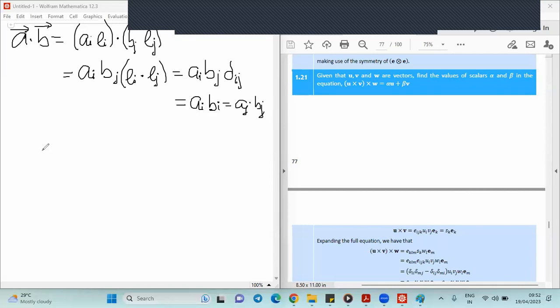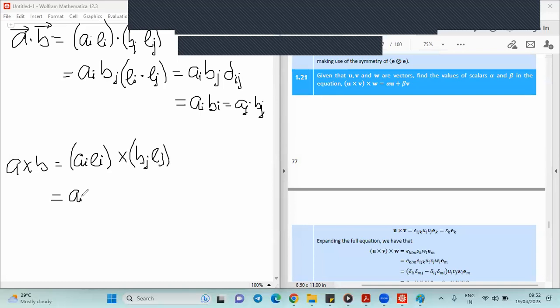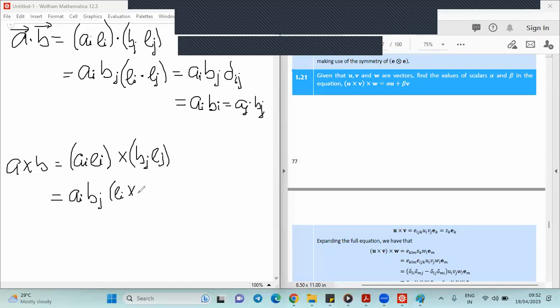That's for dot products. For cross products, however, this is A_i e_i cross B_j e_j. A_i and B_j are scalars, so they can come out. So this is A_i B_j, then a cross between e_i and e_j.